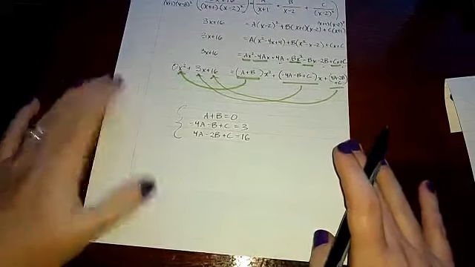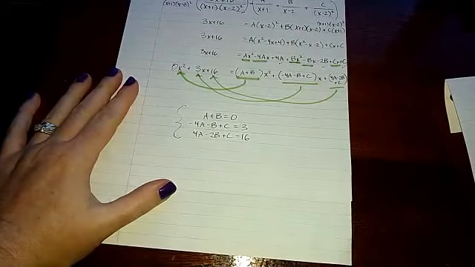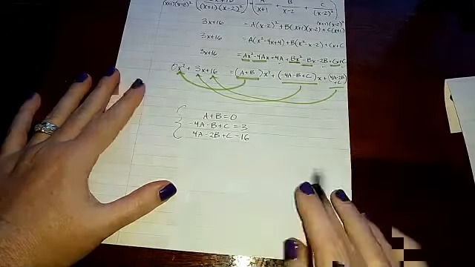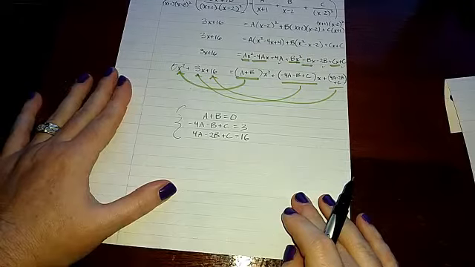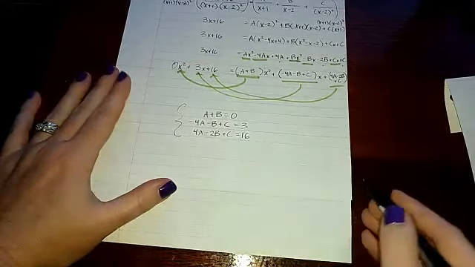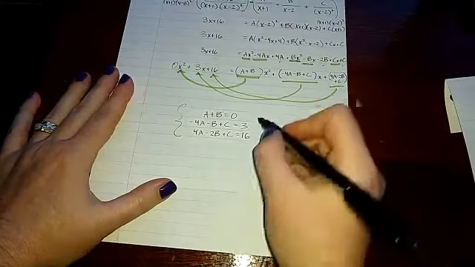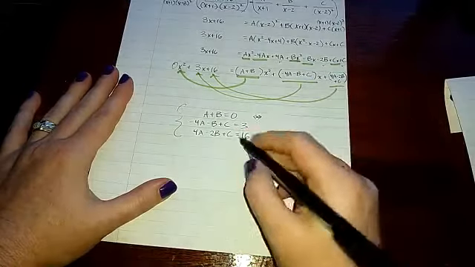Okay, so let's see. We've got 3 equations, 3 unknowns. There's a few things we could do. I'm going to show you guys. I'm going to take this first equation here. I'm going to solve for b.